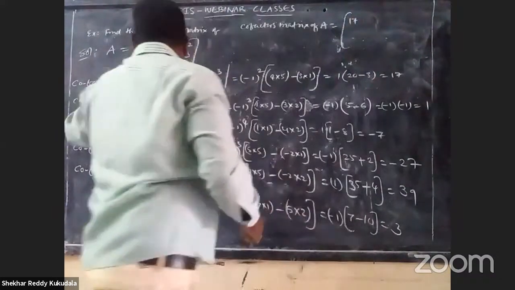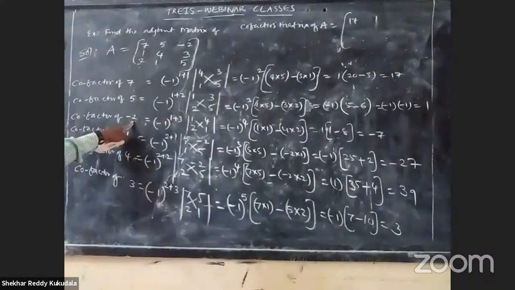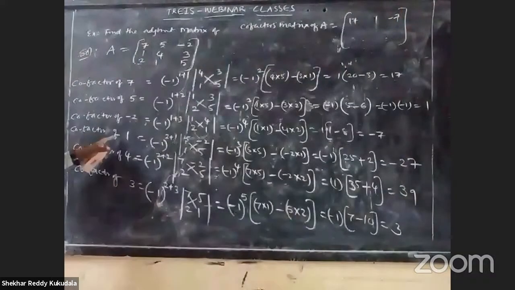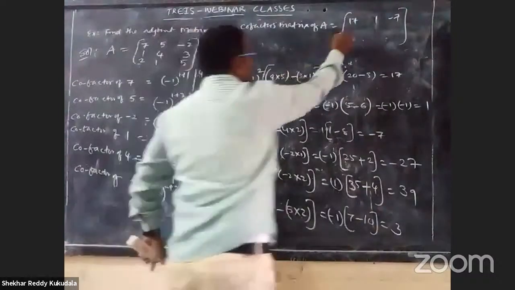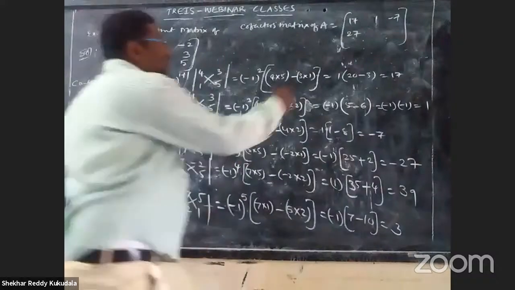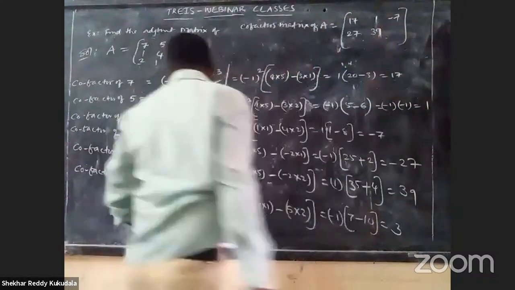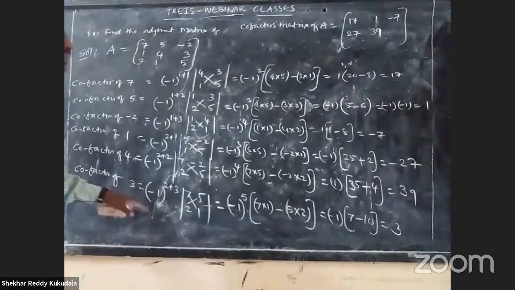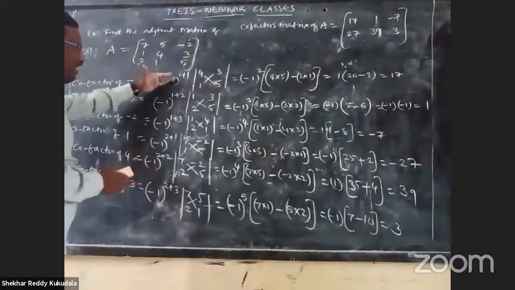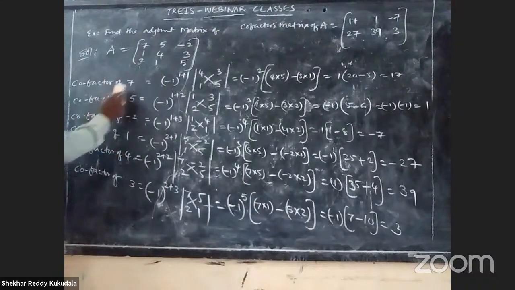Next to it, 5's cofactor is 1. Next, minus 2's cofactor is minus 7. Next, 1's cofactor is 27. 4's cofactor is 39. Next, 3's cofactor is 3 itself. Now I am erasing it. Now I will find out the cofactors for these 3 elements.